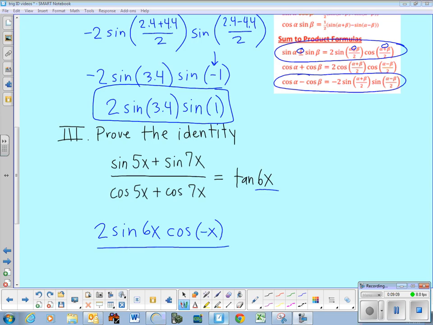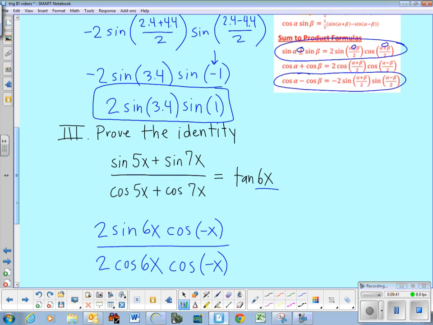The bottom is cosine A plus cosine B. All right, so I'm going to use the middle one in between my two blue ovals up there. Cosine A plus cosine B equals 2 times cosine of (A plus B) over 2. So A plus B is 12x divided by 2 is 6x. And cosine of (A minus B) over 2, same thing, negative x.